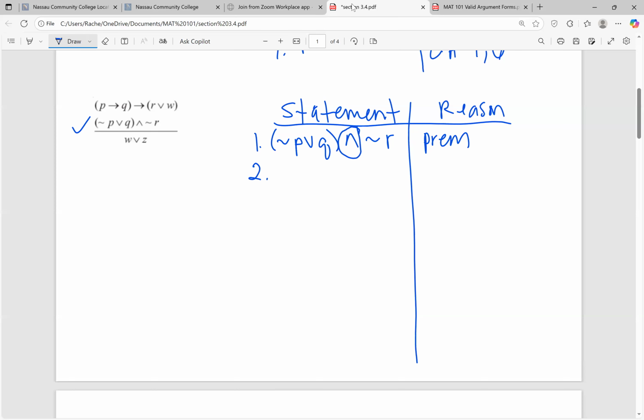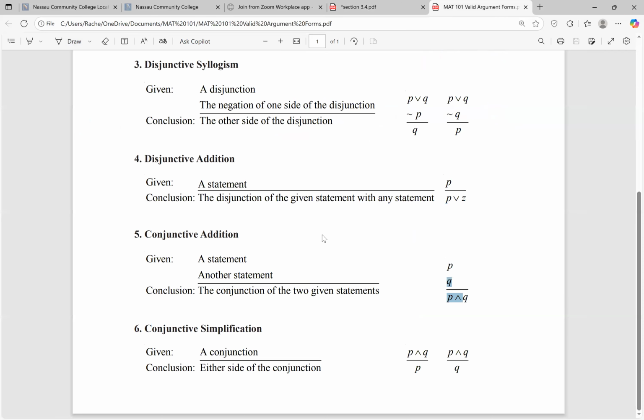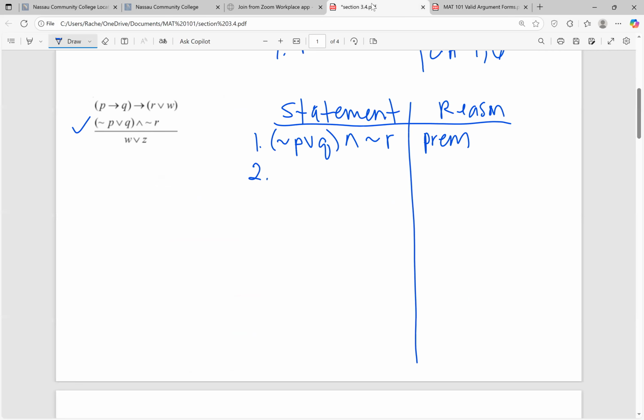So in order for a conjunction to be true, the left and the right hand side are both true, right? So we could use the conjunctive simplification, right? If we go back to our valid argument forms, the conjunctive simplification is when you have an and statement and we could conclude either the left-hand side or the right-hand side as also being true.